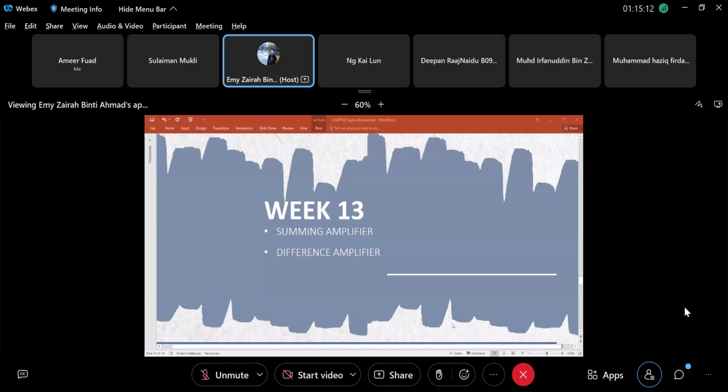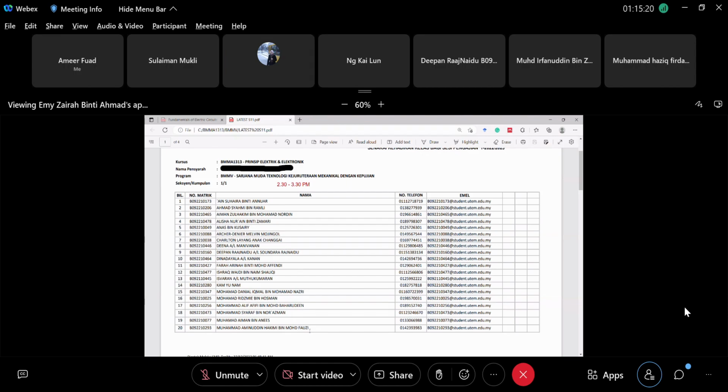Isvaran ada ke dalam ni? Isvaran anak lelaki Muthu Kumaran. Tak ada. Okay, tak apa. Nama 1 sampai 20 ni datang pukul 2.30. Siapa yang nama tak ada dalam list nama ni tak boleh masuk lah. Yang ada dalam list nama ni sahaja yang boleh masuk pukul 2.30 sampai 3.30.